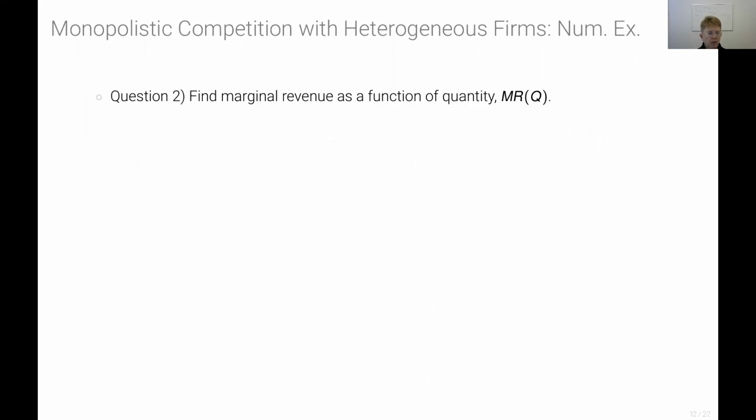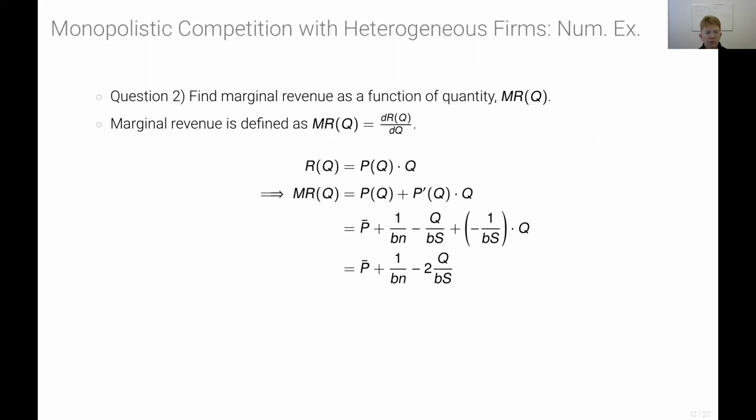Question 2 is going to be to find the marginal revenue as a function of quantity. As I said, we've done this before in section 7. Note that if revenue is equal to P of Q times Q, then using the product rule, marginal revenue is equal to P of Q plus P prime of Q times Q. The first term I'm just plugging in for what we solved for P of Q from question 1.